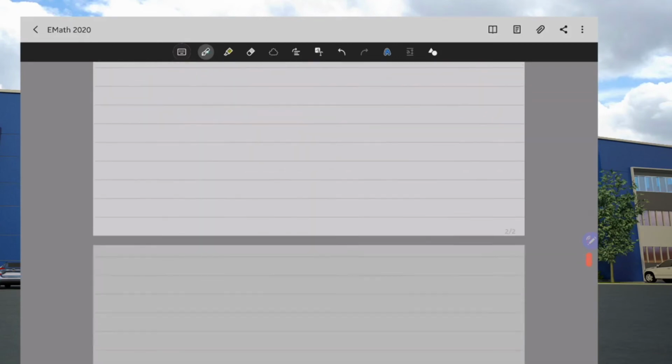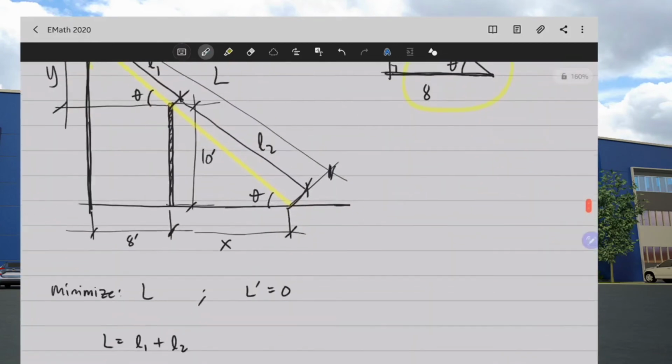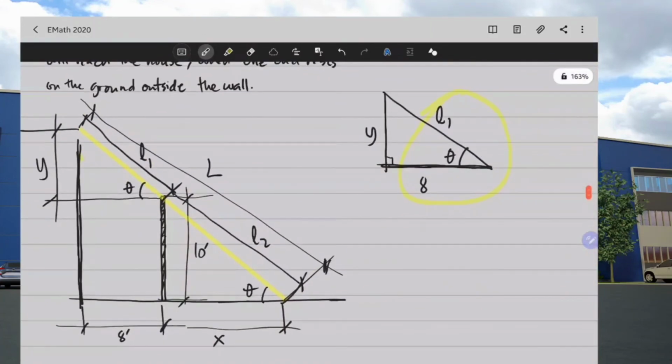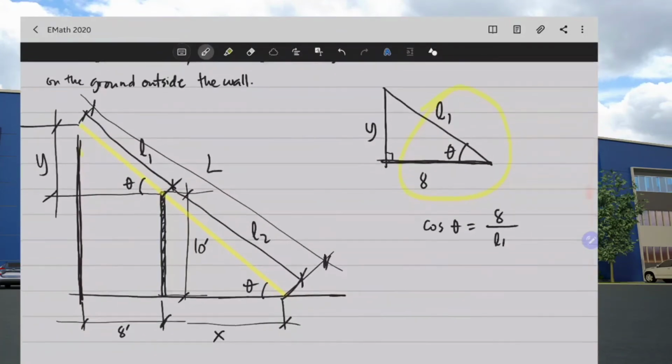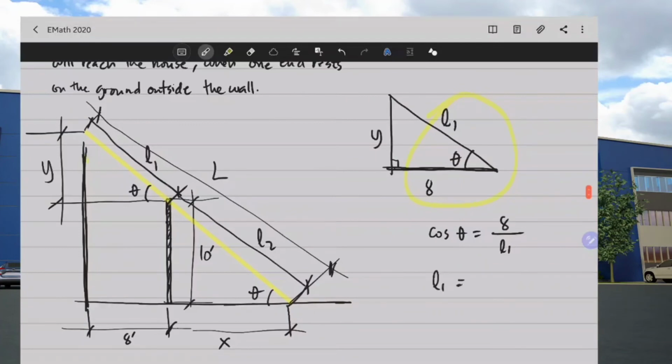So that would be cosine. We know that cosine theta is equal to adjacent over the hypotenuse. Diba? So therefore, if you want to solve for L1, that is just equal to 8 over cosine theta, or 1 over cosine, that's secant. So that is 8 secant theta.